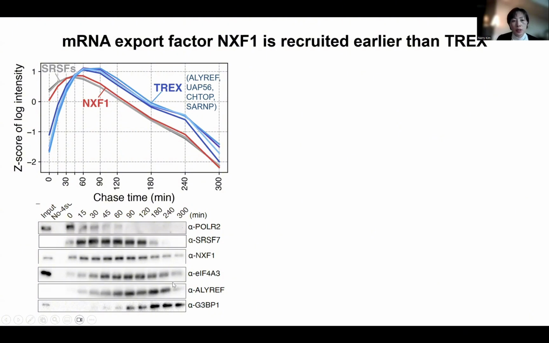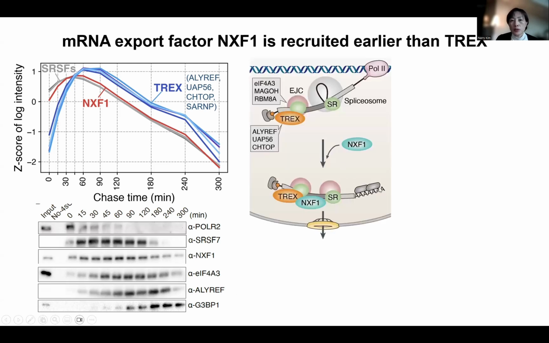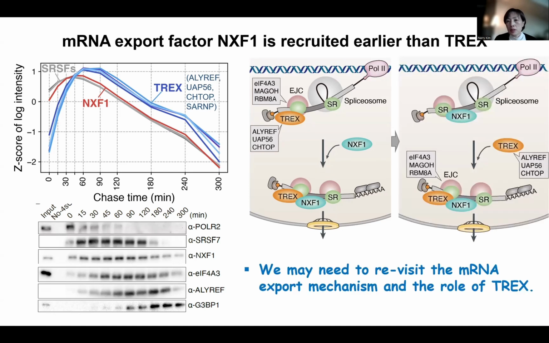So that is also validated by Western blot. So according to the previous model, TREX is supposed to be recruited co-transcriptionally and later recruit NXF1, but our study suggests that NXF1 is recruited earlier and TREX might be recruited to this export-competent complex post-transcriptionally.